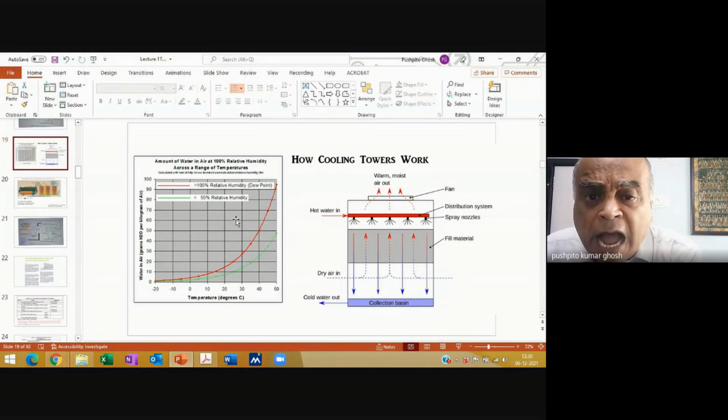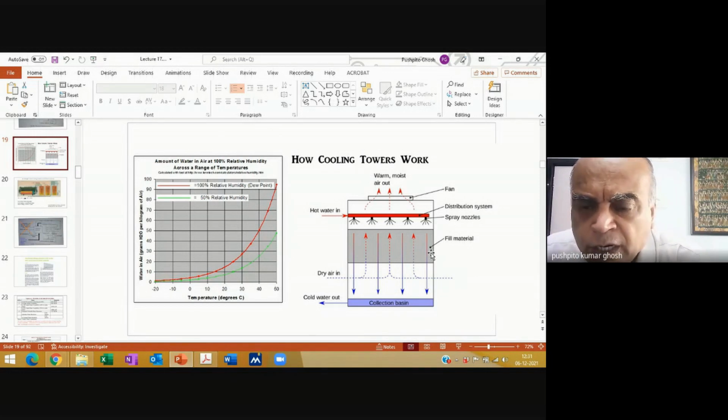Because the air has the capacity to take in a lot more moisture, and the latent heat which needs to be provided for the evaporation of this water is coming from where? Where is the latent heat of vaporization coming from? It's coming from the water itself, no?